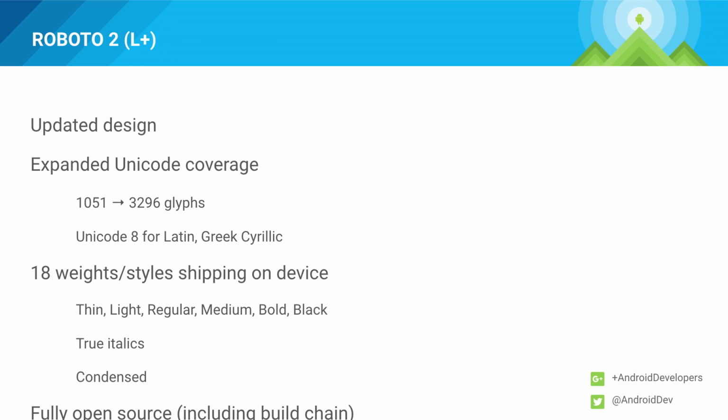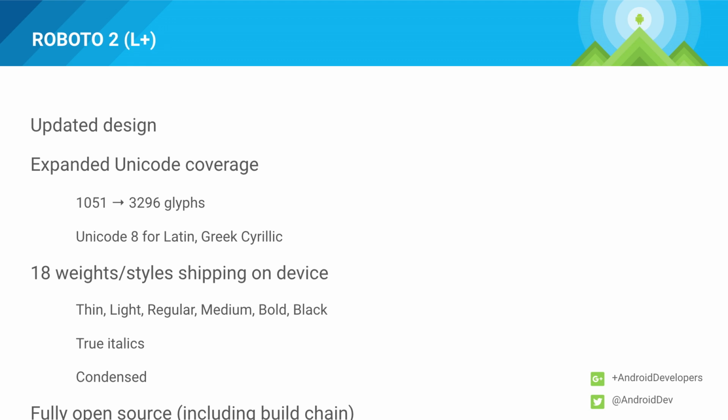We also expanded the weights and styles that we ship on the device. So we're doing thin, light, regular, medium, bold, and black. So there's a tremendous palette of visual effects that you can get. And all of those include true italics. And we also have a family of condensed, which is better for information density, and also can give you some contrast, two different styles that you can work with in your app.